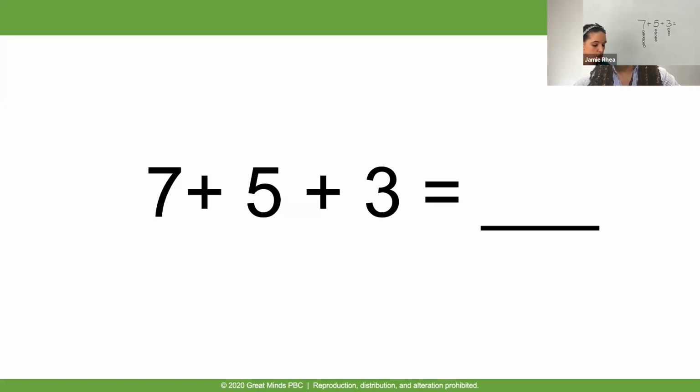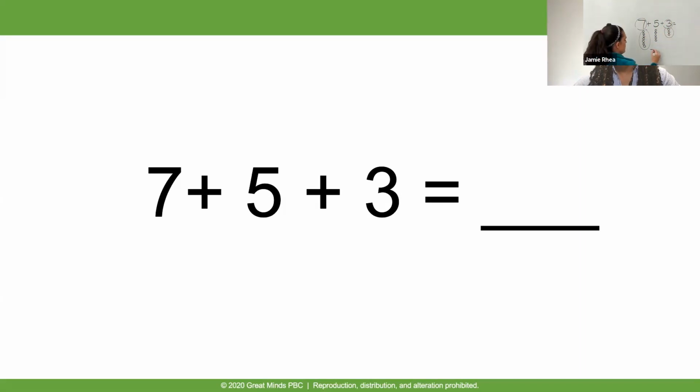Now, she told us that she wants us to solve this how Ivan did and look for a 10. Do I know which 2 numbers make 10? I might know it off the top of my head, but if I don't, can I count on to see which ones equal 10? Yes. But luckily, we know our 10 facts, and we know that 7 and 3 more make 10. So I'm going to circle my 7 and my 3 because I know that they make 10.